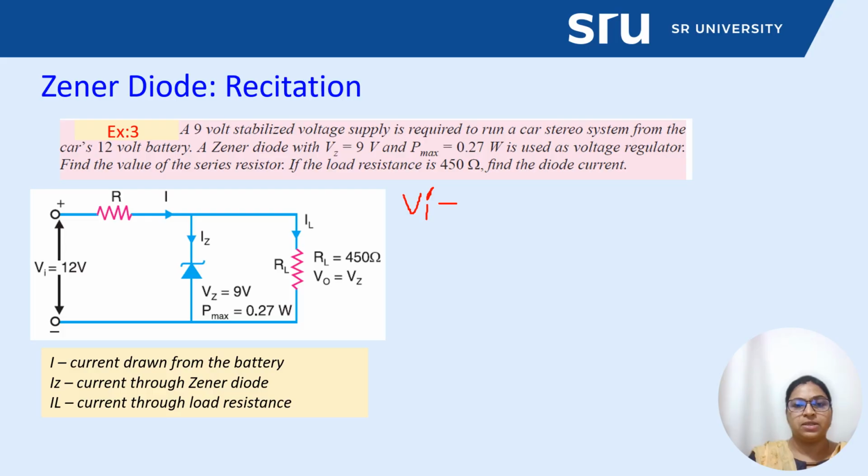Vi is given as 12, minus Vz given as 9, so it will be equal to 3 volt.